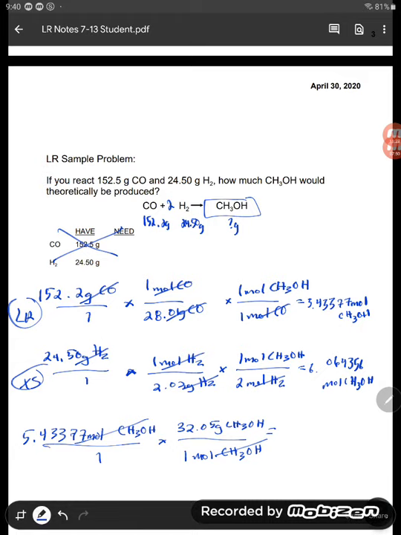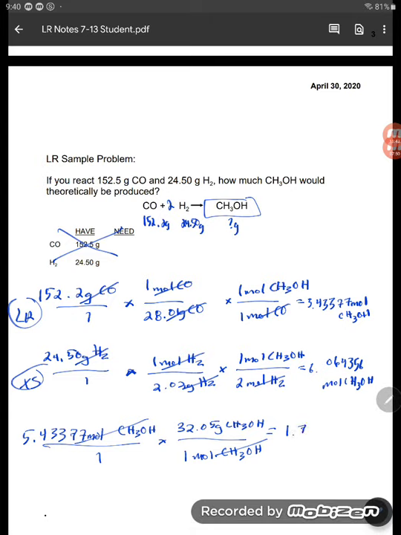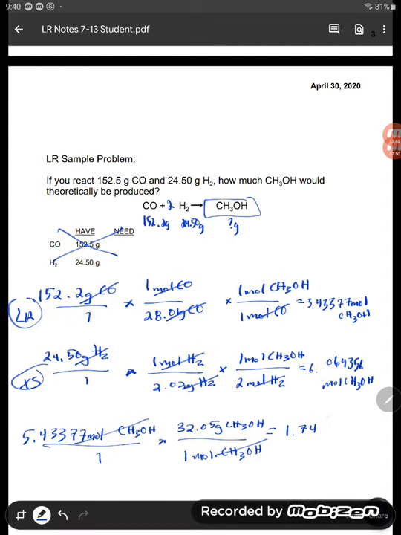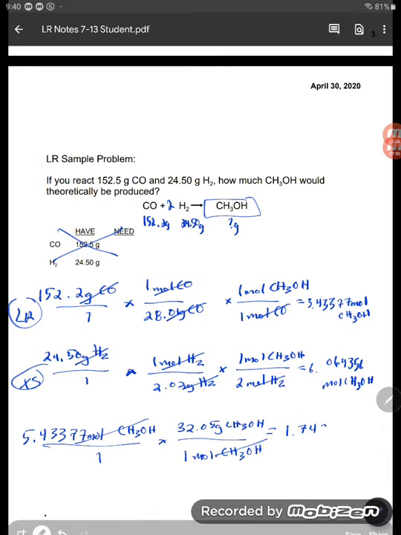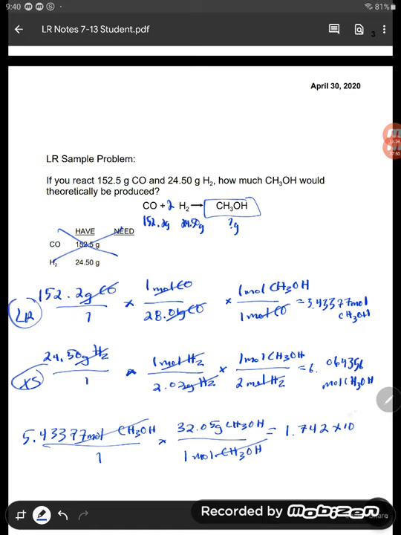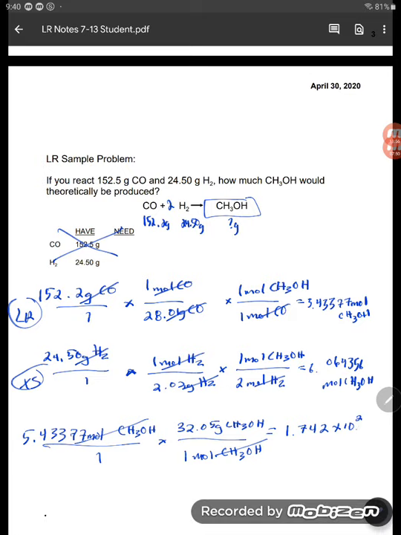And after we take that value, you want to try to do as little rounding as possible. So I go back and re-enter the whole thing, plugging that onto the end. And I end up with the same 1.742 times 10 to the second power.